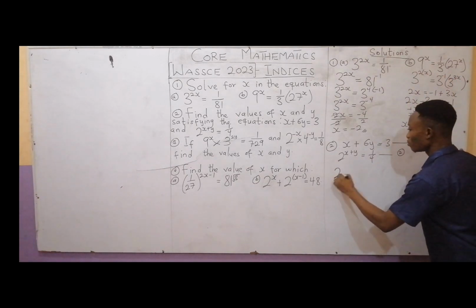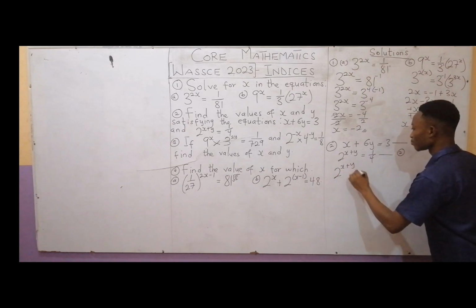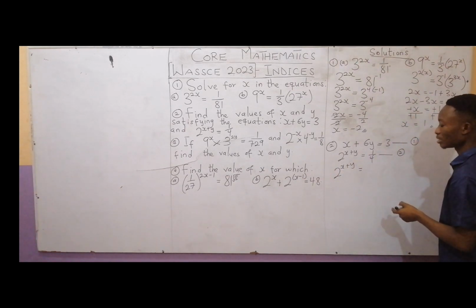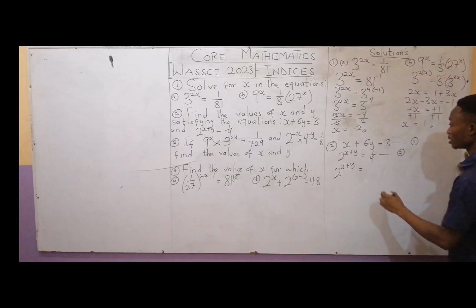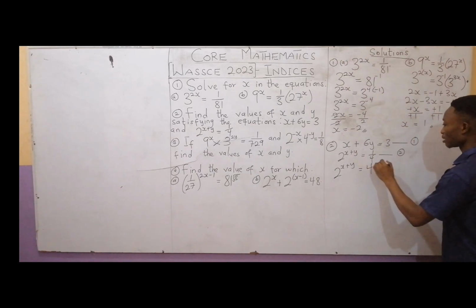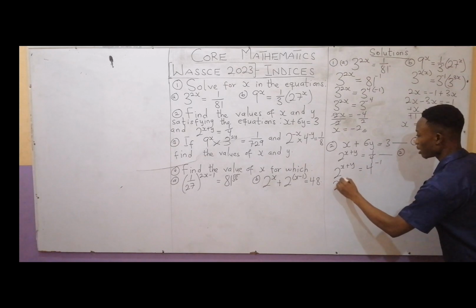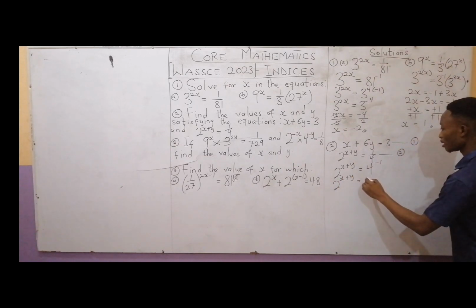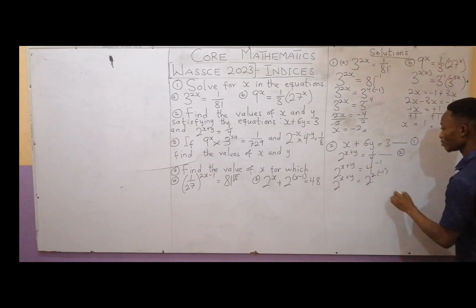So we get 2 power x plus y will be equal to 4 raised to the power negative 1. Now 4 in exponential form is 2 raised to the power 2. Power meeting power multiplies.